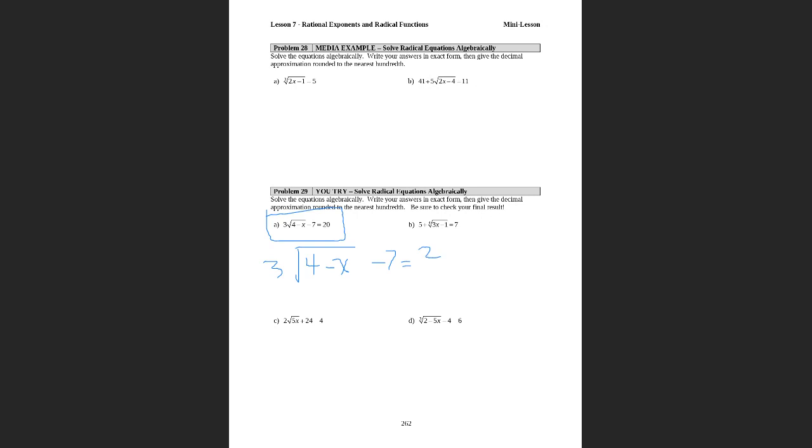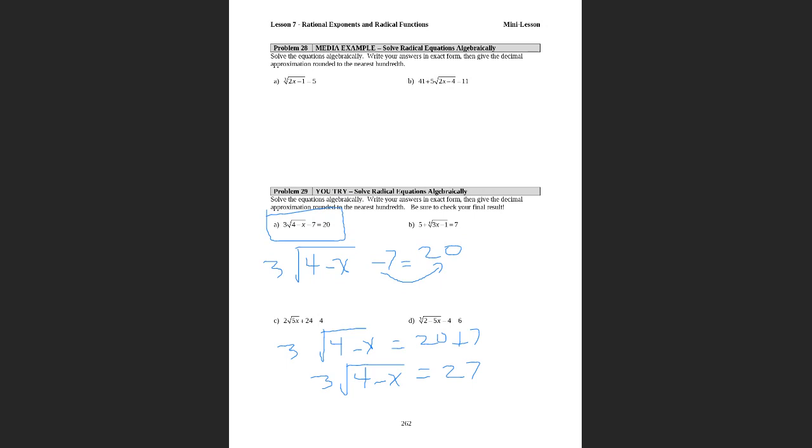Remember, the minus 7 is not under the square root sign. Because it's not under the square root sign, I could first of all move it across the equal sign. So I have 3 times square root of 4 minus x equals 20 plus 7, which is 27.